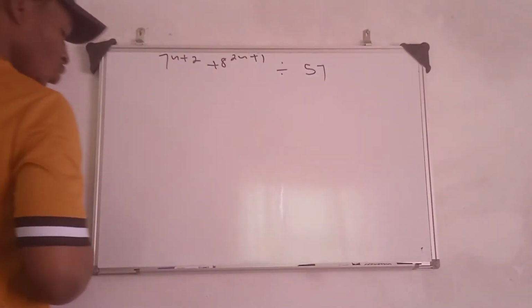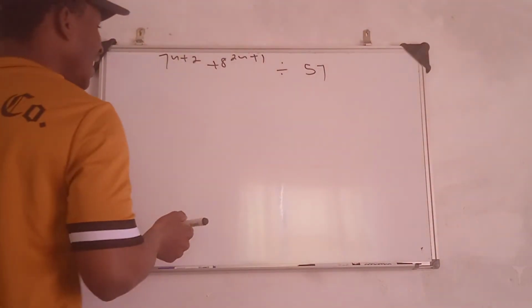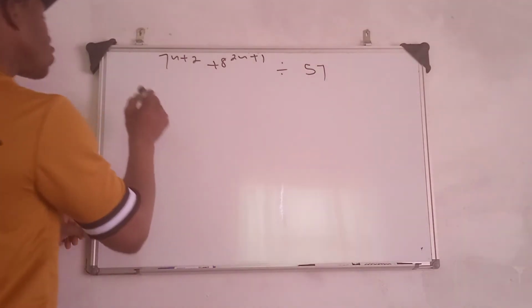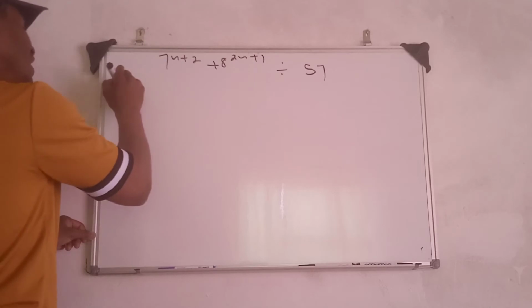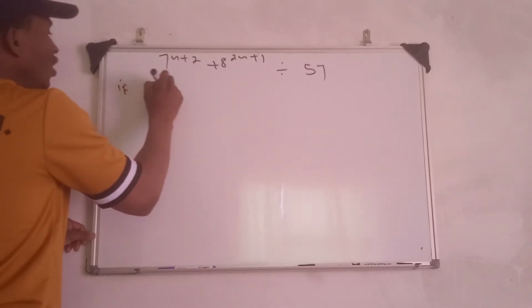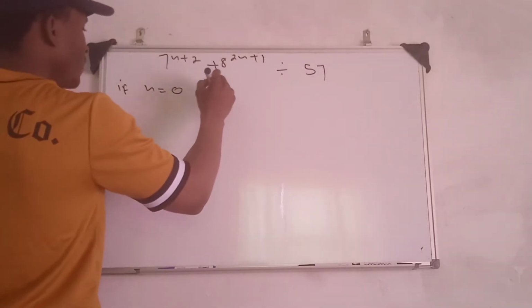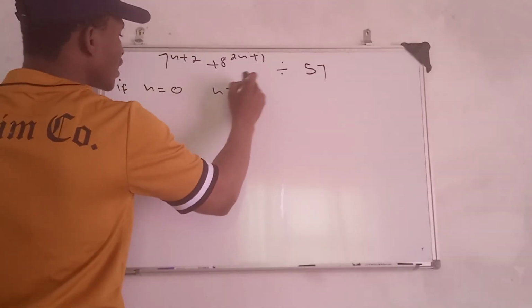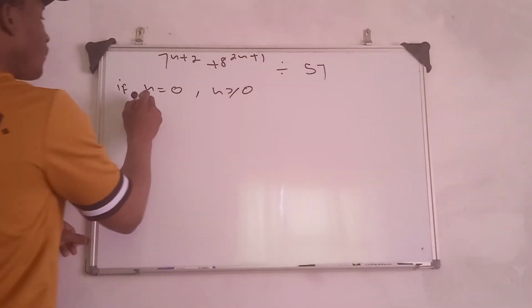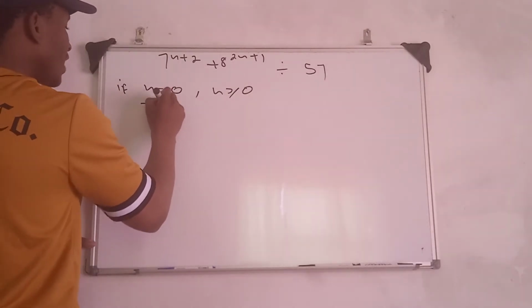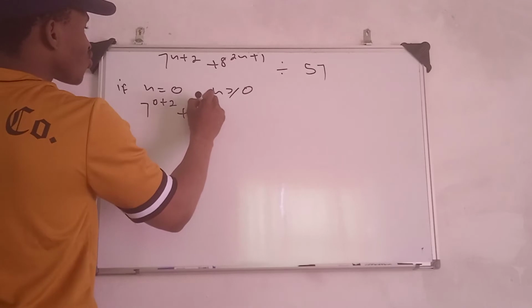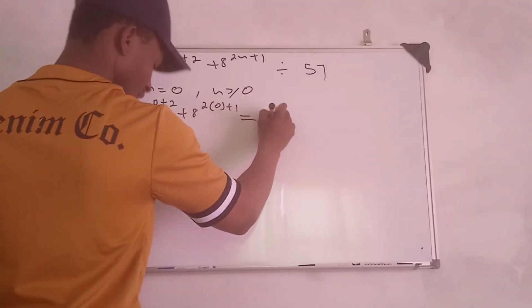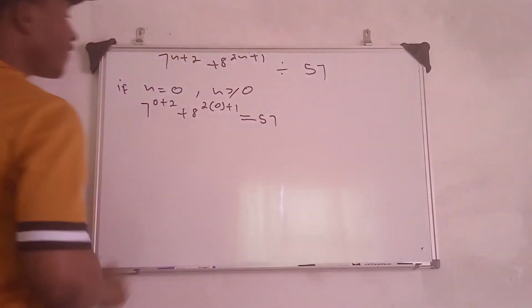So that means we have to substitute using the trial and error method. We have to substitute from 0. So if n equals 0, let me assume that n is greater than or equal to 0 also. If I put 0 here, 7^2 plus 8^1, I'm getting 57.